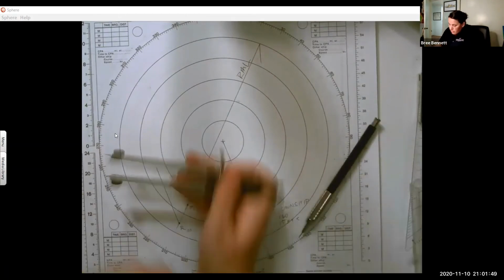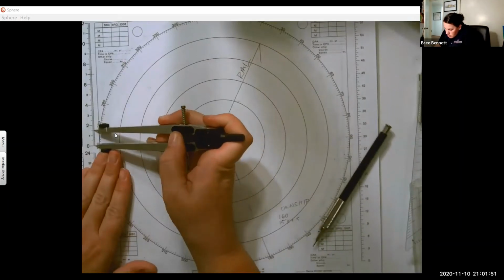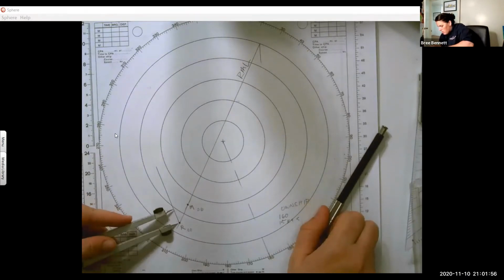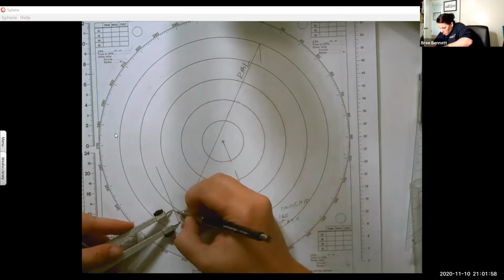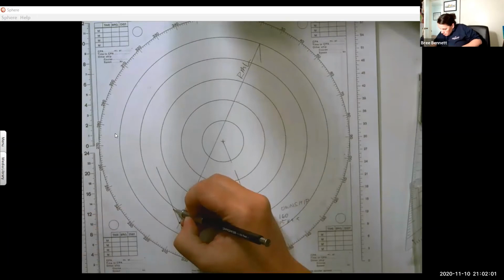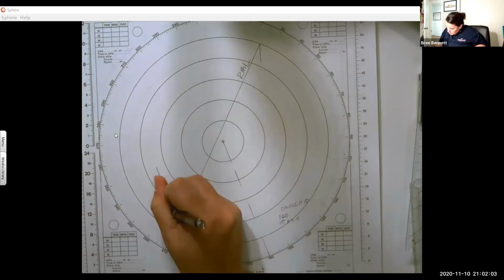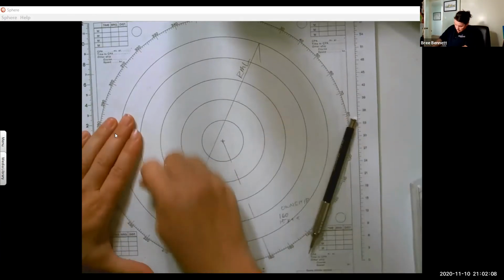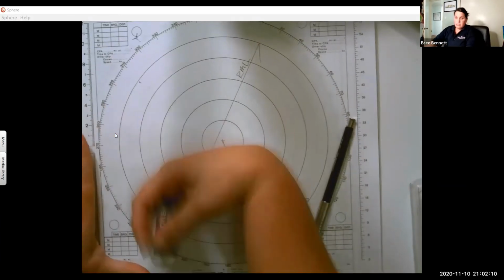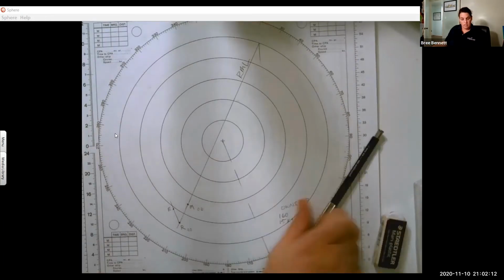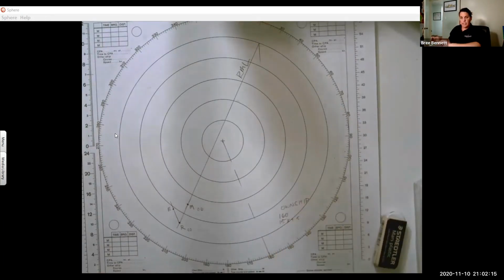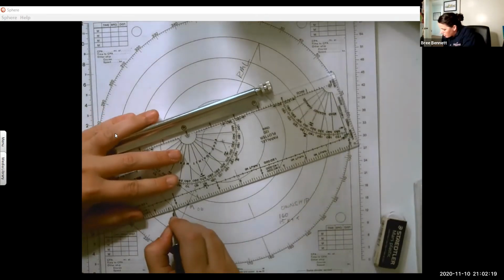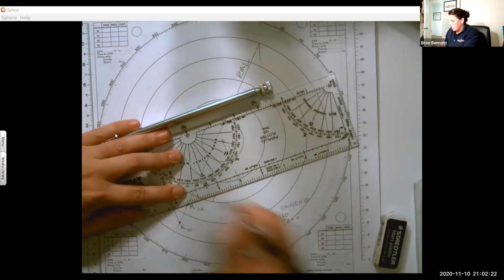So I'll use 1.5. And I have my E. And I can connect my E to M. And I get them.